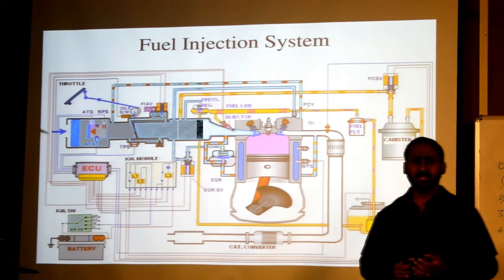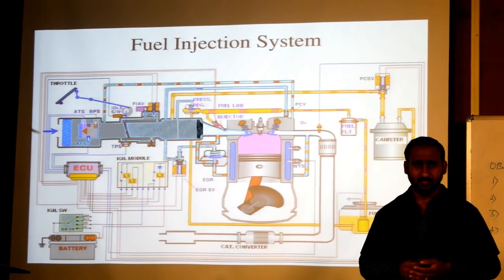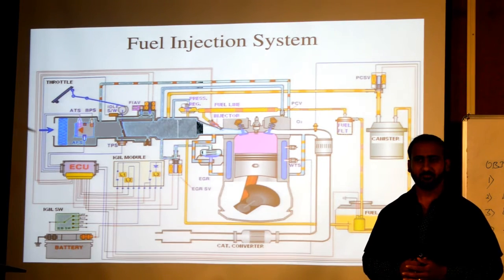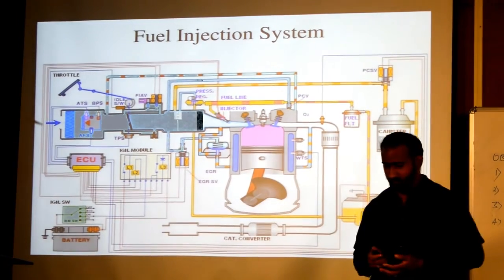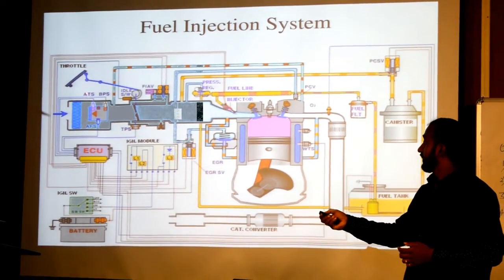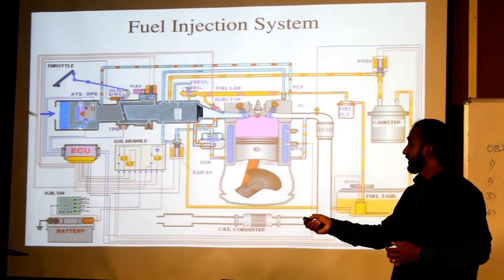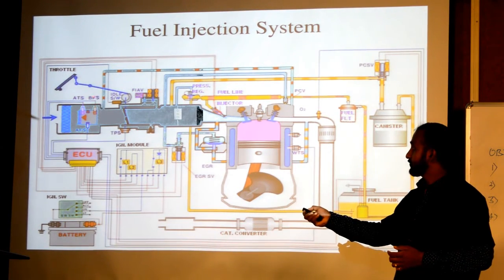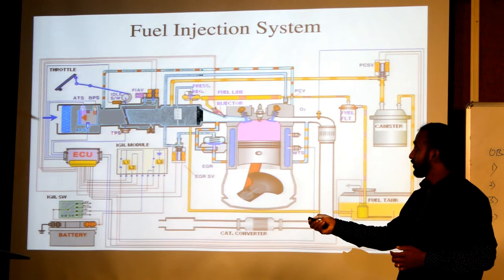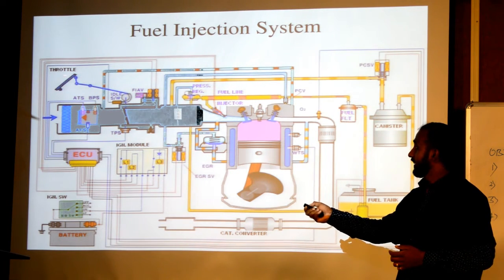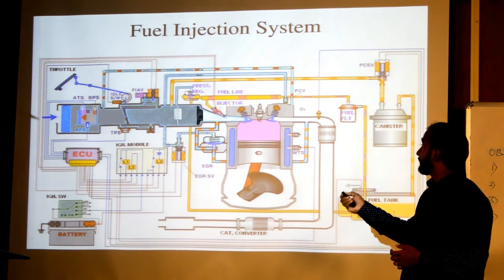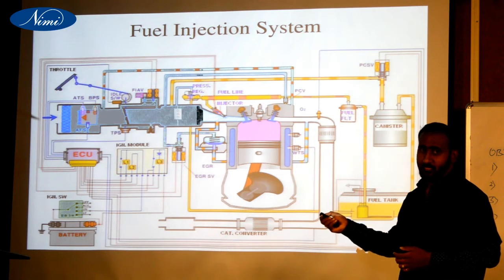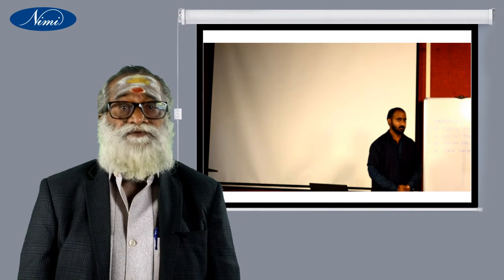The ECM is an electronic control device which collects the information from various sensors, that is from air temperature sensor, air flow sensor, boost pressure sensor, throttle position sensor, accelerator pedal position sensor and fuel pressure sensor. Now, he has started very nicely the class, he arranged the class very nicely.